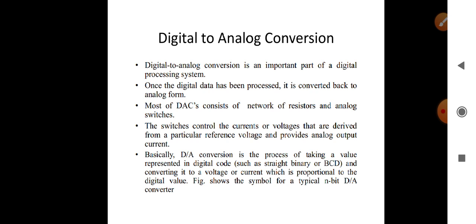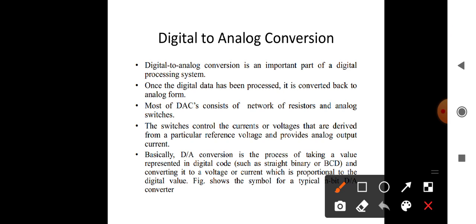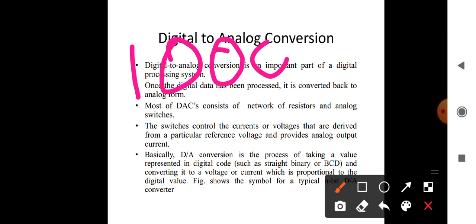So what does it do? It will take the digital value. Say you have the 4-bit digital value 1000. This 1000 is converted into the equivalent voltage.